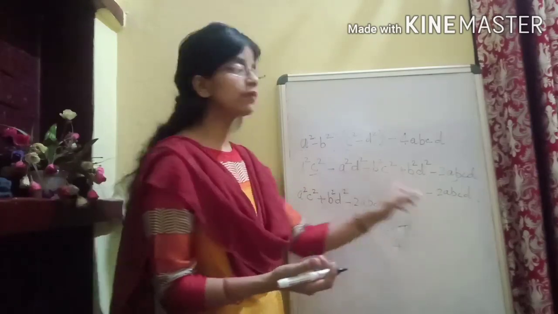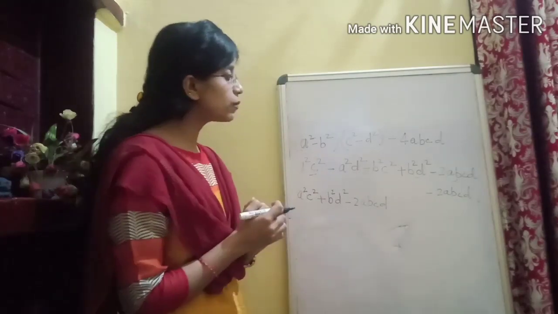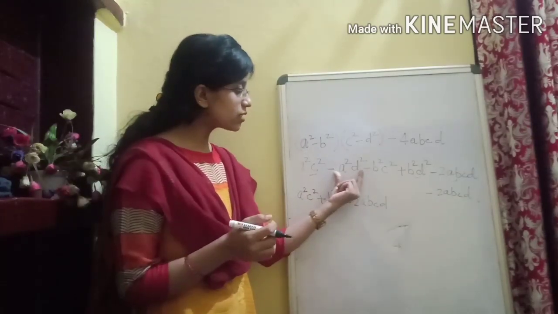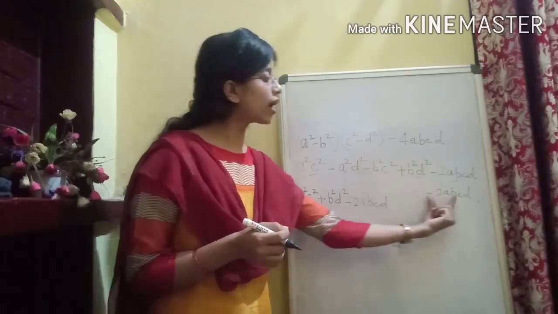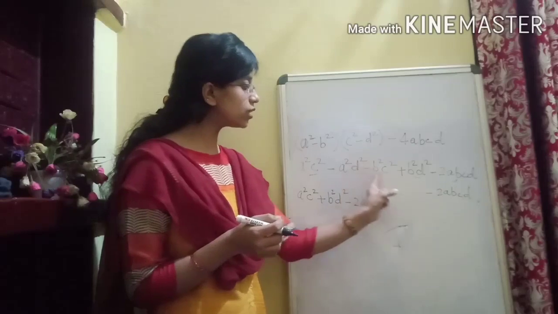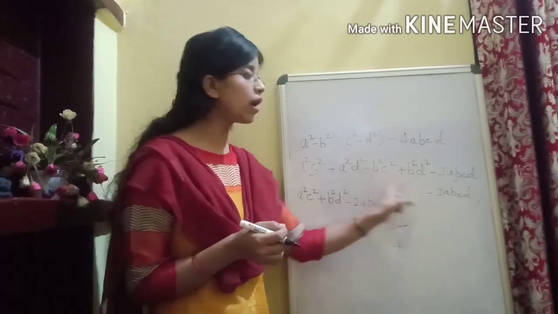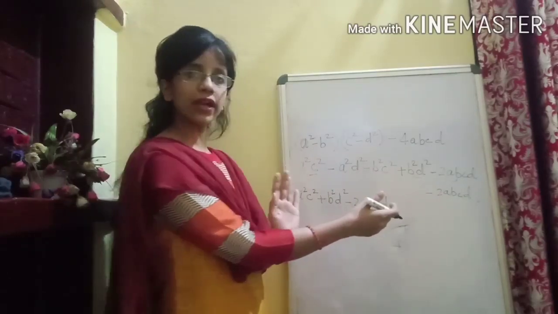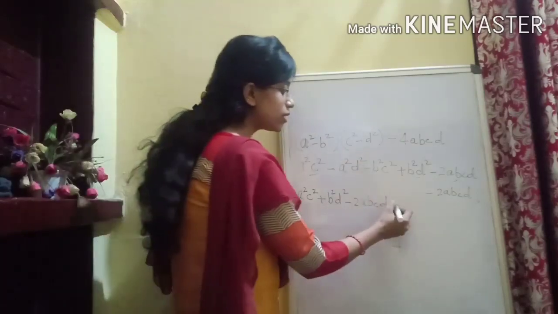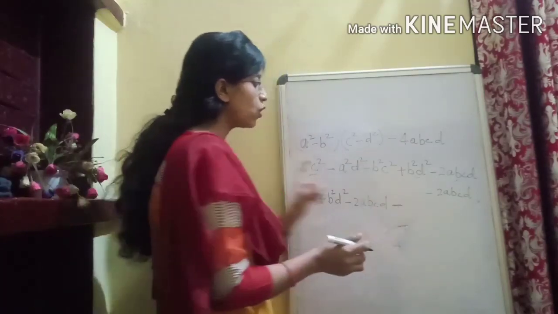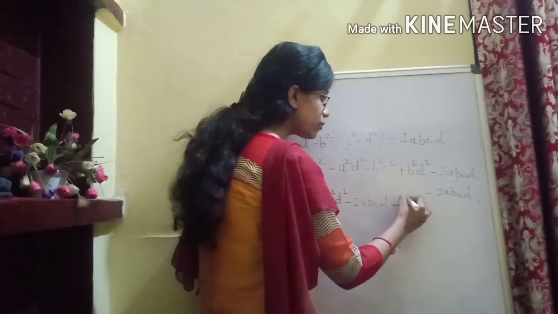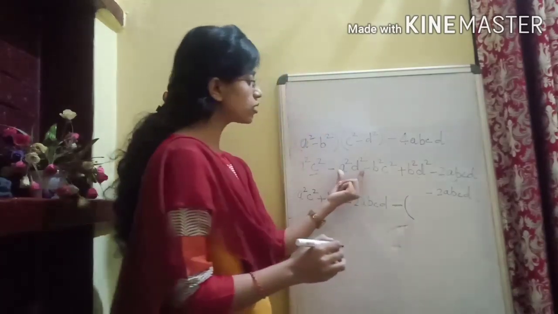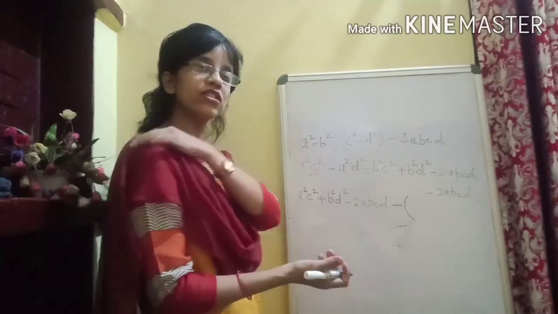Now I'm going to write the remaining terms. The remaining terms are minus a square d square, minus b square c square and minus 2abcd. All the three remaining terms are with minus sign, so I'm taking minus sign common from them. When you take minus sign common, of course the signs of the terms will change.